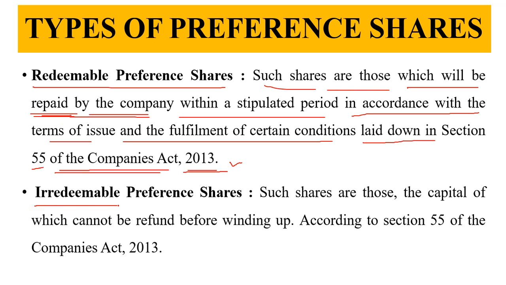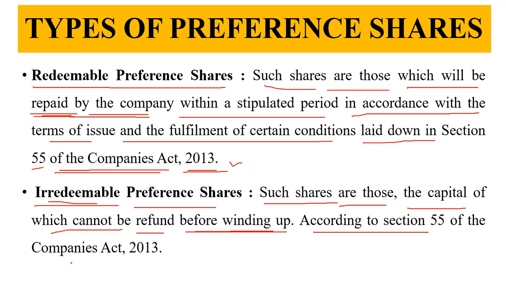Next is irredeemable preference shares. These are shares the capital of which cannot be refunded before winding up of the company. Irredeemable preference shareholders do not get the capital before winding up of the company, according to section 55 of the Companies Act 2013.